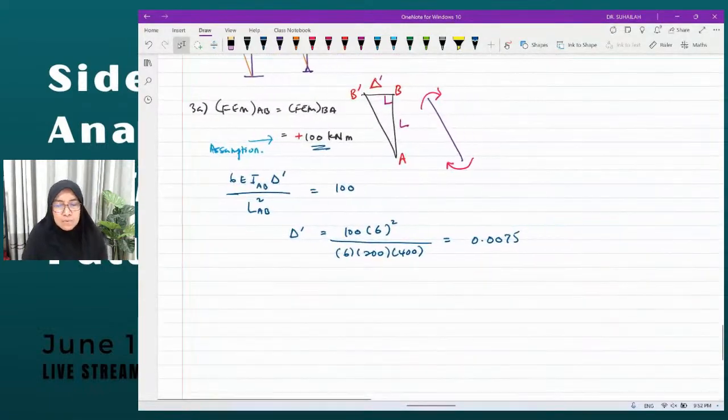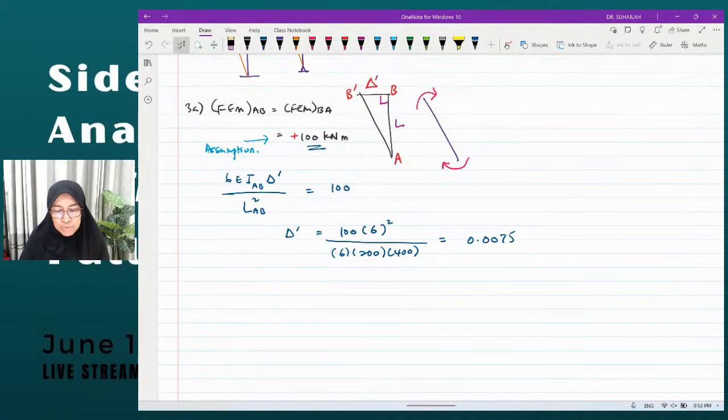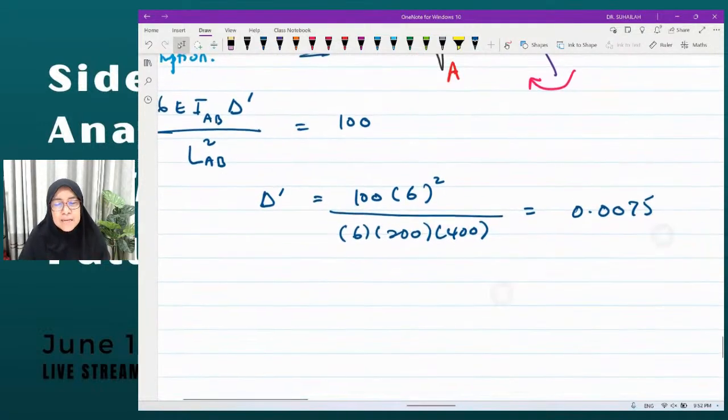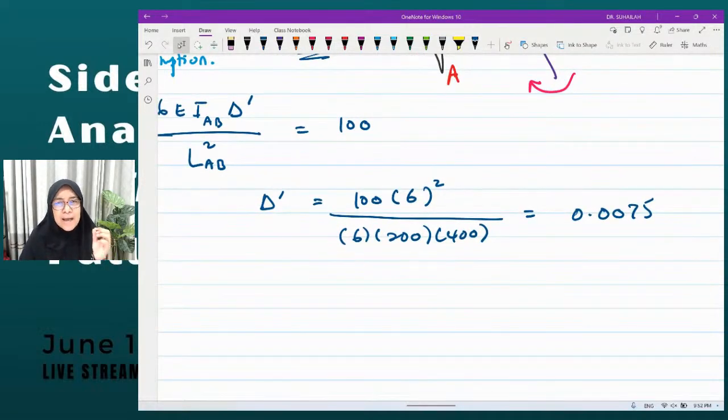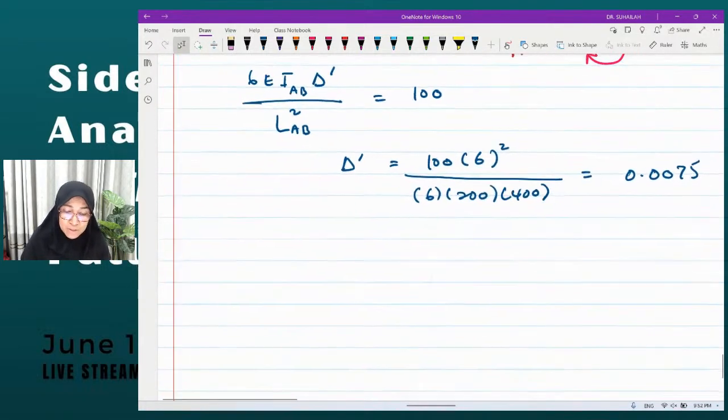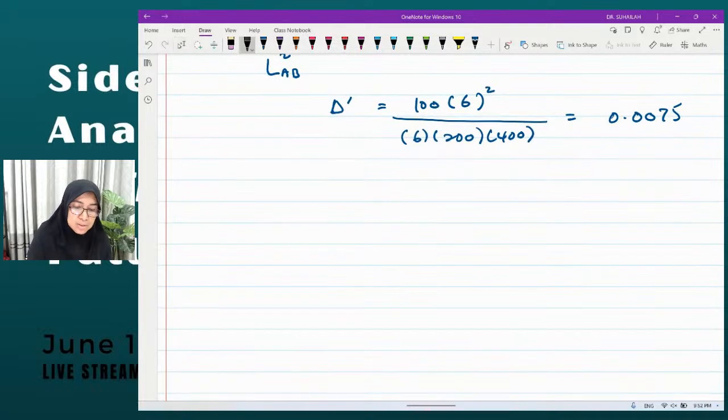Okay, now we want to use this value in the FEM for CD. FEM for BC has no value because there is no vertical displacement. We only focus on the horizontal displacement.